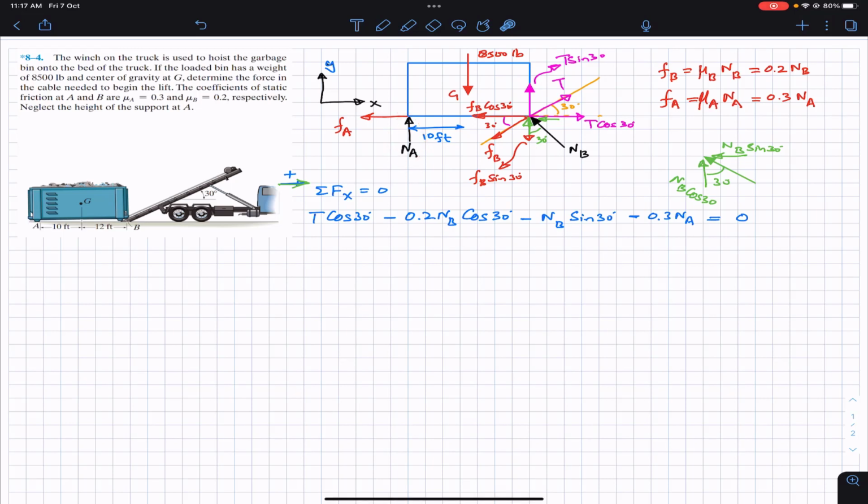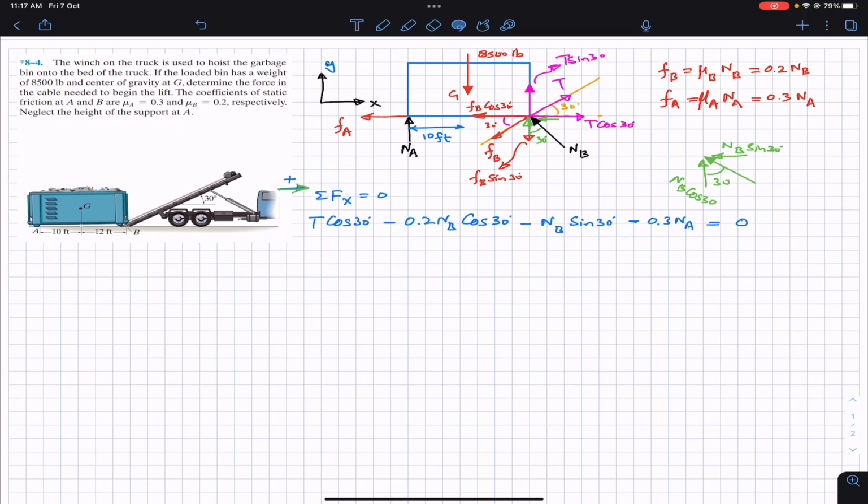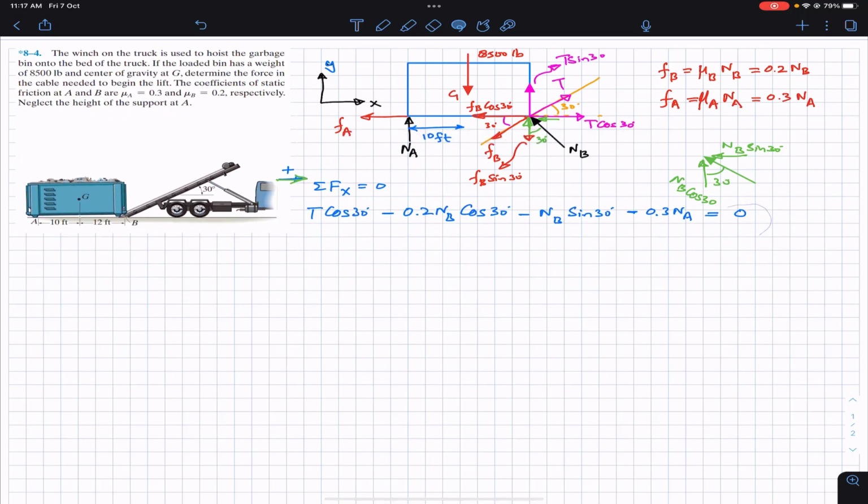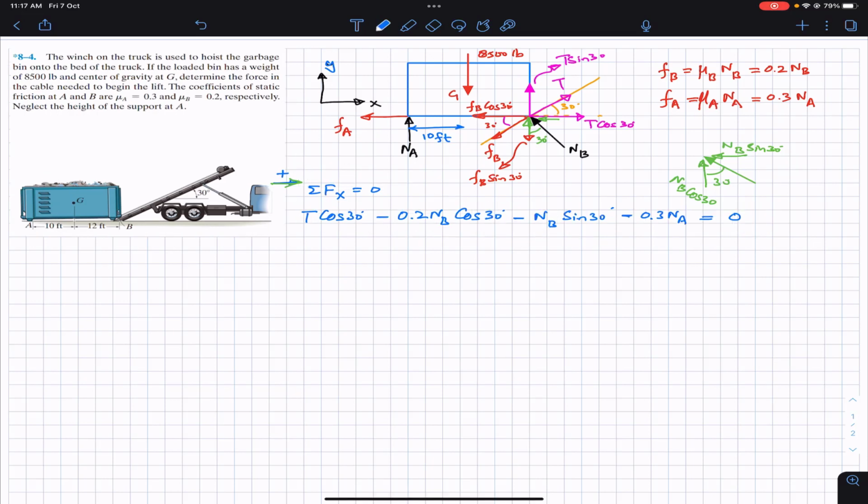So before applying the summation of forces along x, we need to apply the summation of moment about point B equals to 0. All the forces acting at point B have zero moment about point B, so they will not come into our equation.